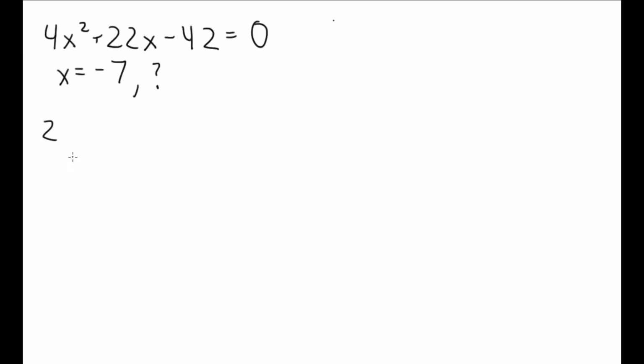So actually, instead of factoring out a 2, we can just divide the 0 by the 2. So if we're dividing both sides, then we don't even need to worry about factoring out the 2. We can just divide it out. So now to create a term out of x equals -7, we can say x plus 7 equals 0. So we're dividing by x plus 7.